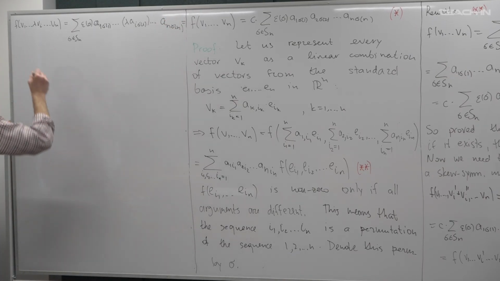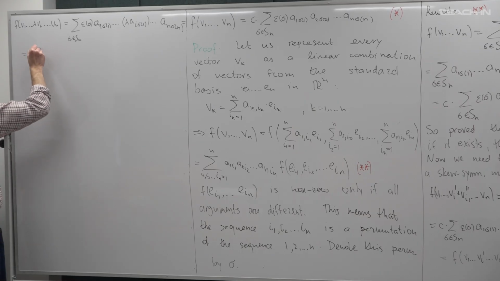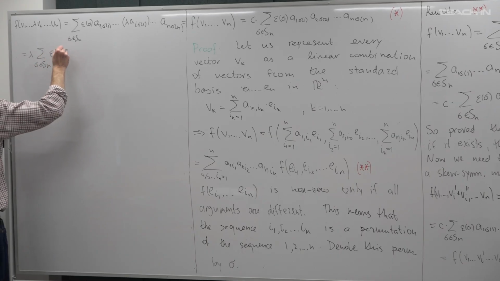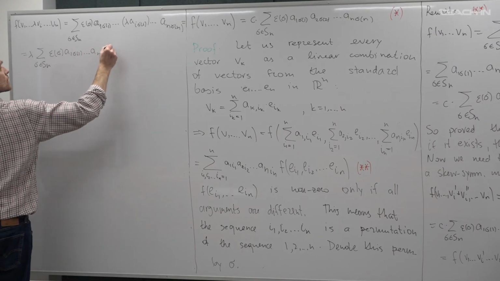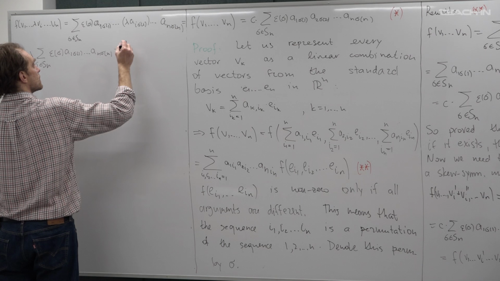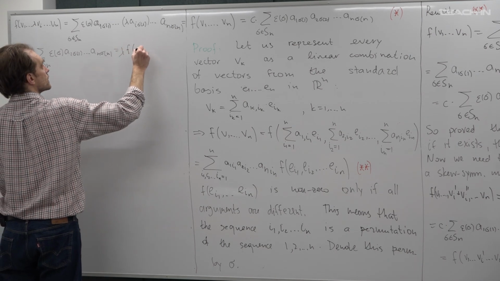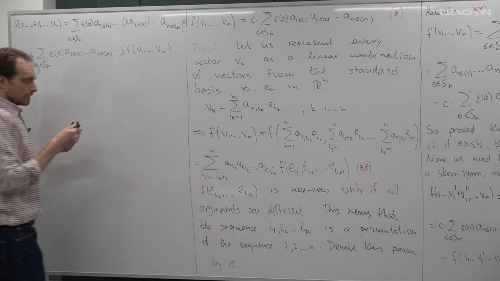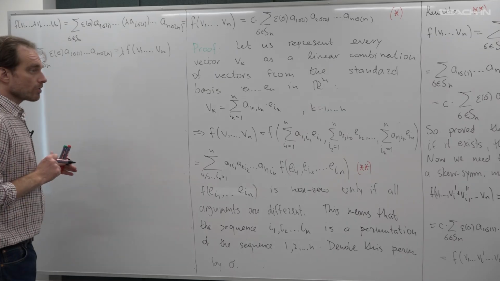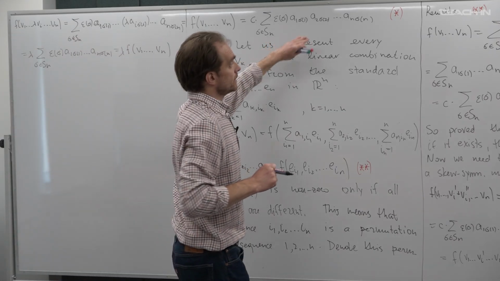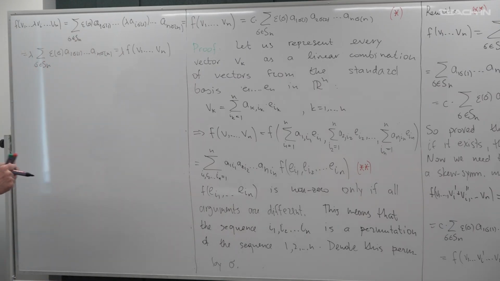And obviously this is equal to lambda multiplied by this sum, which is just lambda multiplied by f of v1, etc., vn. So the second property is also satisfied. Okay, so we proved that this formula defines a multilinear function.